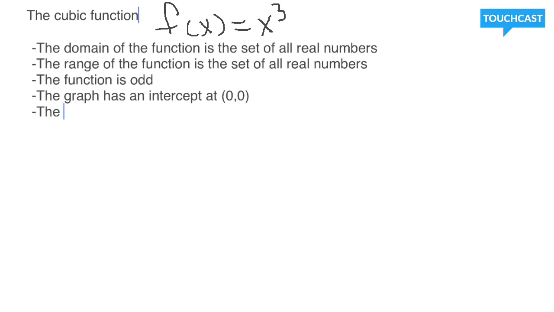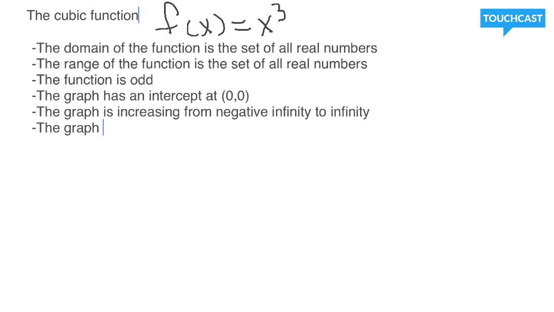The graph is increasing from negative infinity to infinity. And the graph is symmetric with respect to the origin.